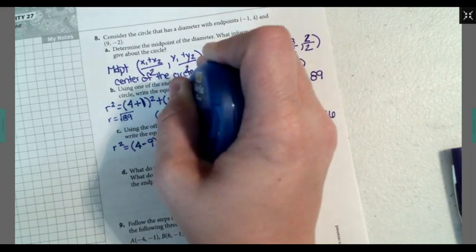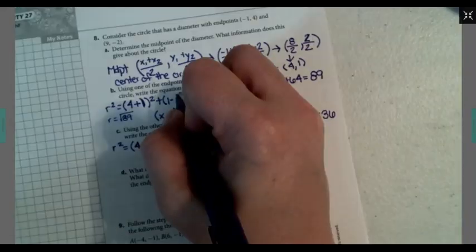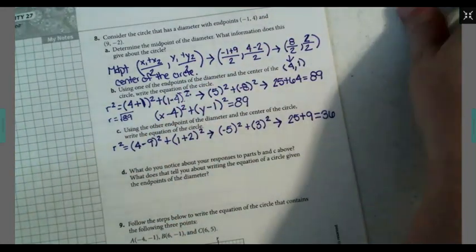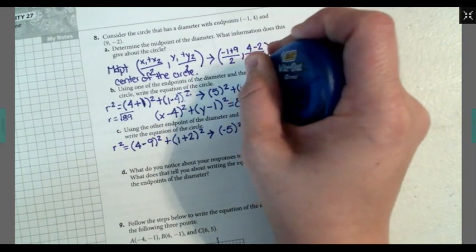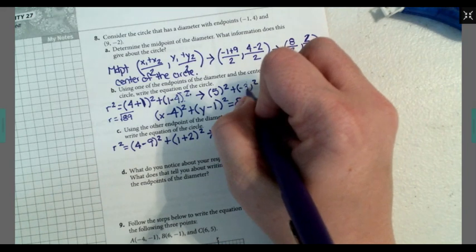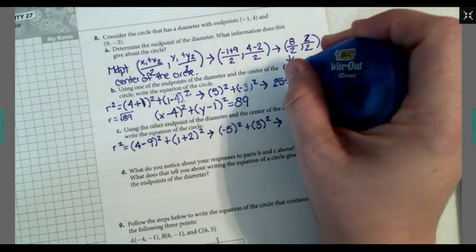I apologize, guys. Let's go back and change that. So this should have said (1 minus 4) squared. That would have been negative 3 squared. Negative 3 to the second power is a positive 9.